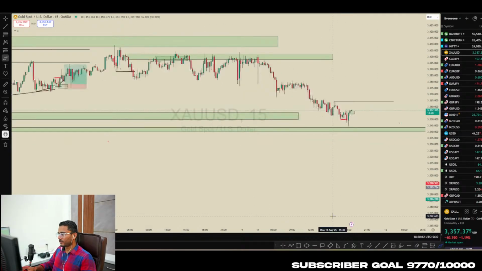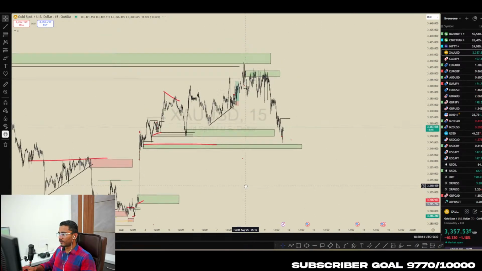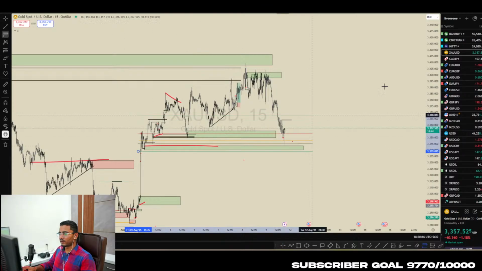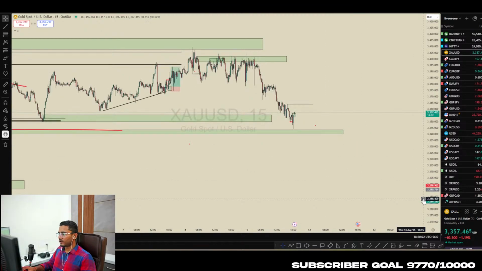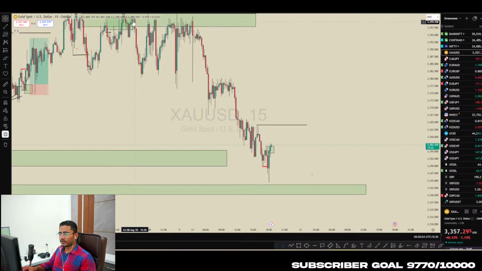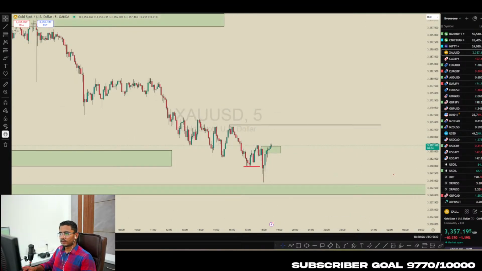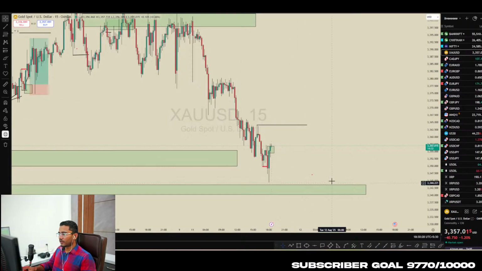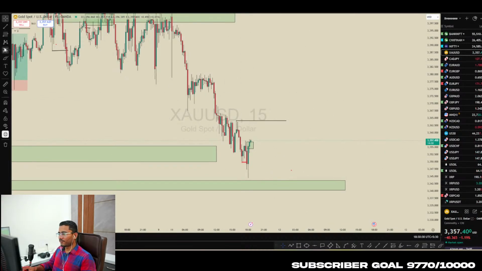And also, if you look at higher time frame, we can see price is already at this discount level. It's not 100% correct, and we are not entering based on this. If price breaks the previous structure, then only we'll say that this was a liquidity sweep.